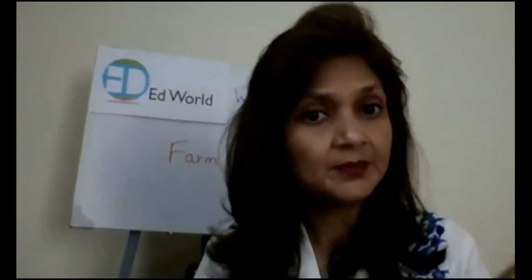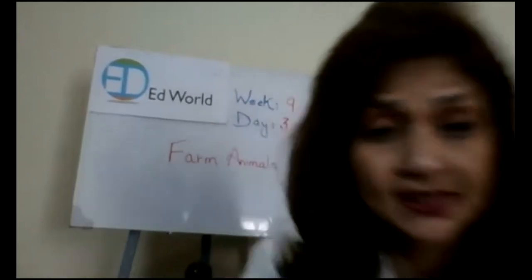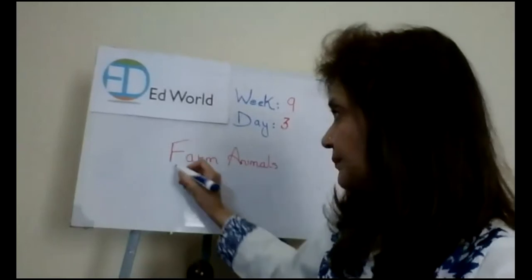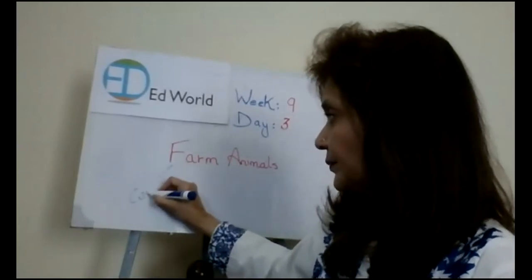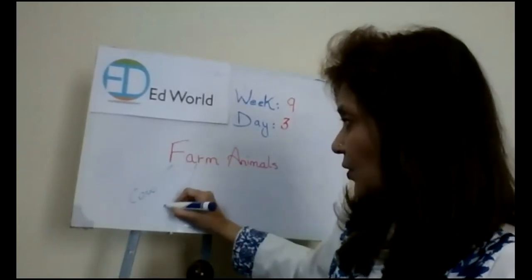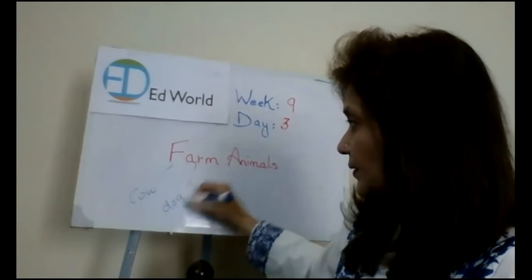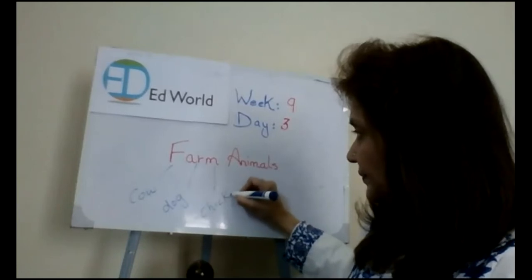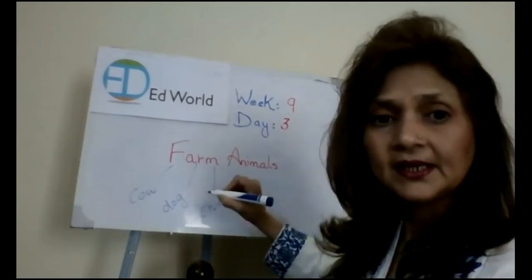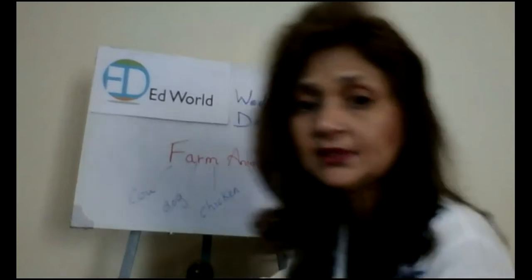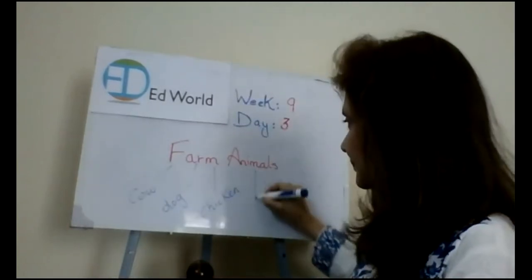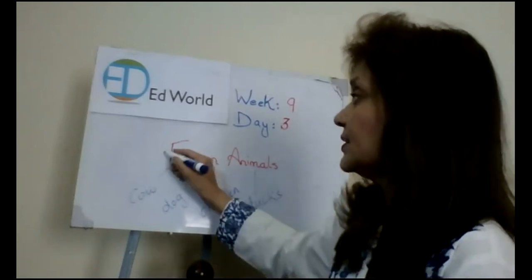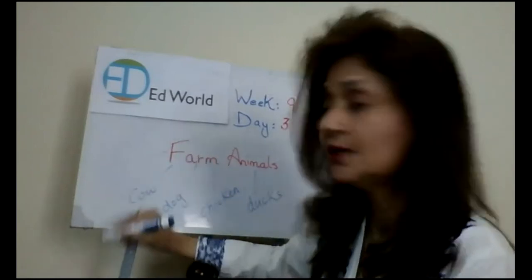Now, you have seen the pictures. Can you name some of the farm animals that you remember? Yes, cow. Okay. Dog. Okay. Chicken. Yes. Any other farm animal? Ducks. Okay. What else was there that you have seen?